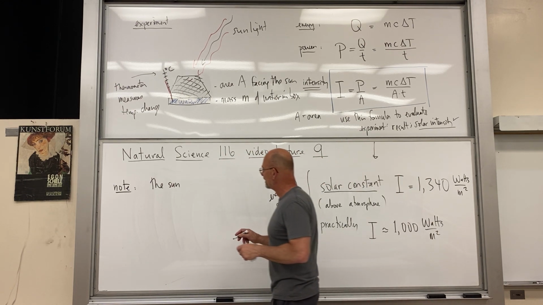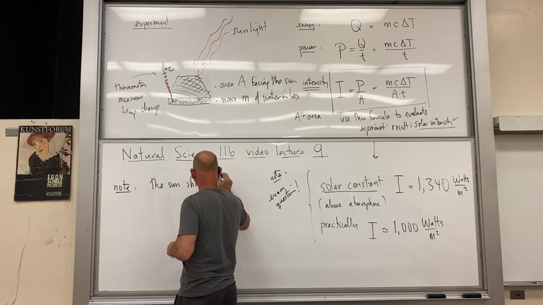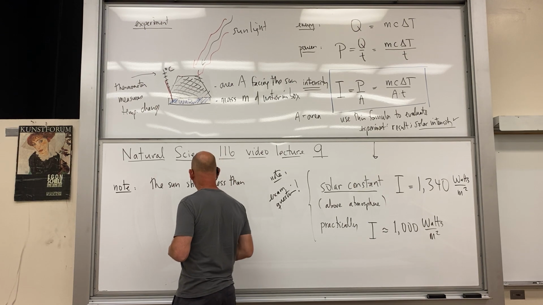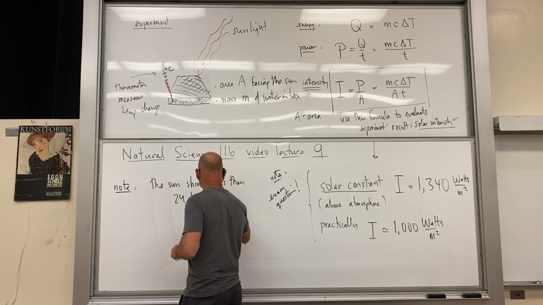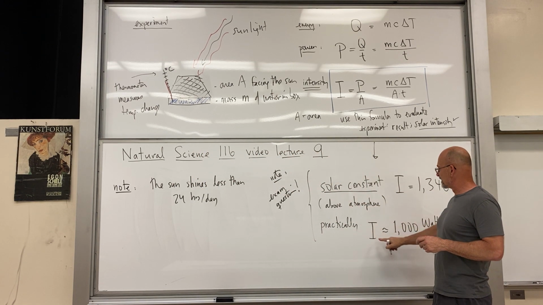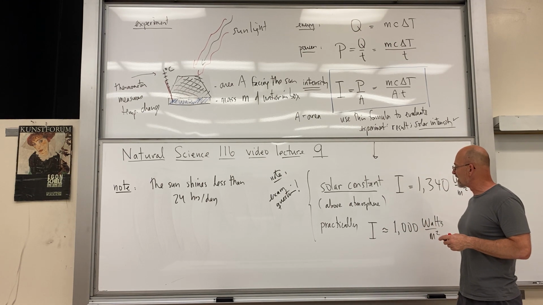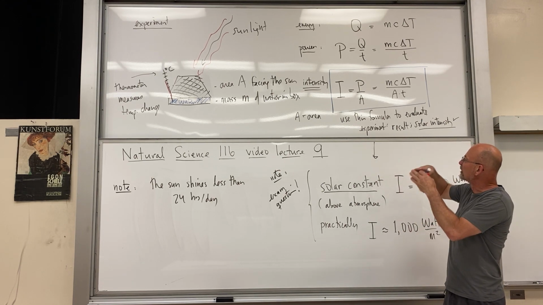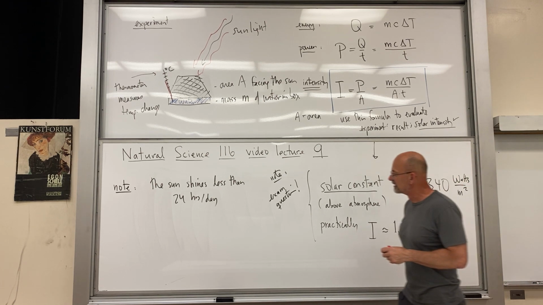It shines far fewer than 24 hours per day. So we can't just take this as a constant amount of energy that we're getting. We have to multiply it. Remember, power, if we multiply it by a certain number of hours, we could get the average amount of energy per day.